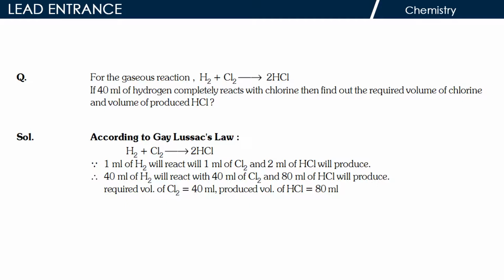Therefore 40 ml of hydrogen will react with 40 ml of chlorine and 80 ml of hydrochloric acid will be produced. Required volume of chlorine is equal to 40 ml. Produced volume of hydrochloric acid is equal to 80 ml.